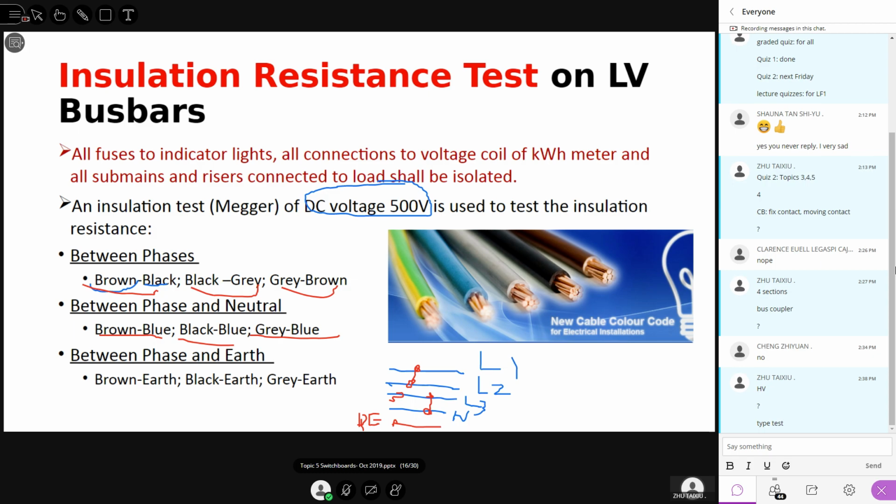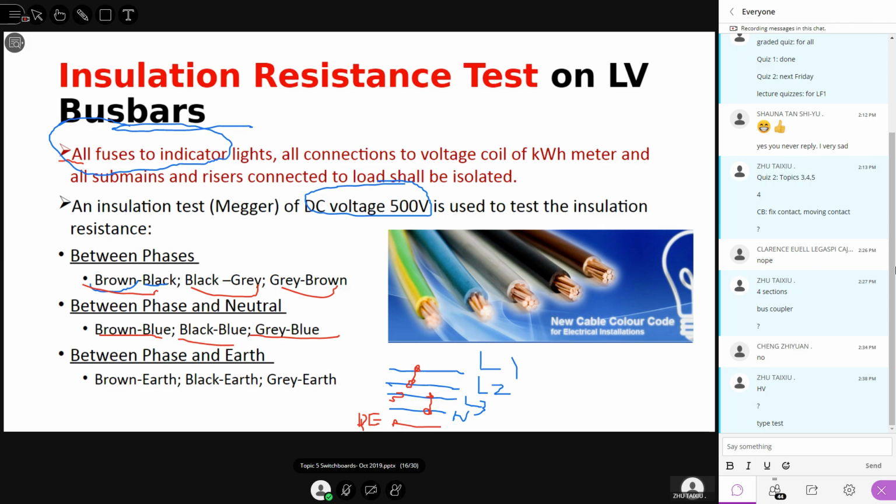Basically, what you need actually is a pretty simple device. Is the insulation tester. Okay, you just need an insulation tester to do this. Okay, but before you do this, you have to remove all the fuses first, because if the fuses are there, your resistance will be smaller. Okay, so you have to remove all the fuses.